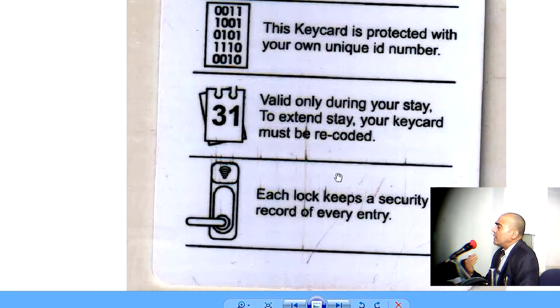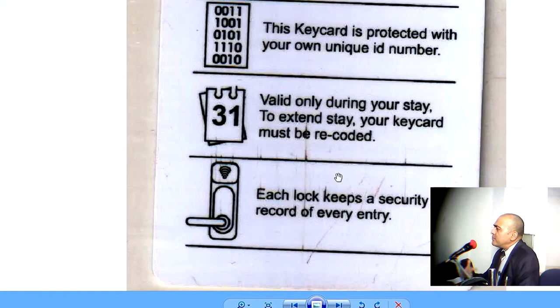So, if this key has this record of entry every time somebody uses this key, then naturally there would also be CCTV footage in the corridor, if there is a camera in that corridor.